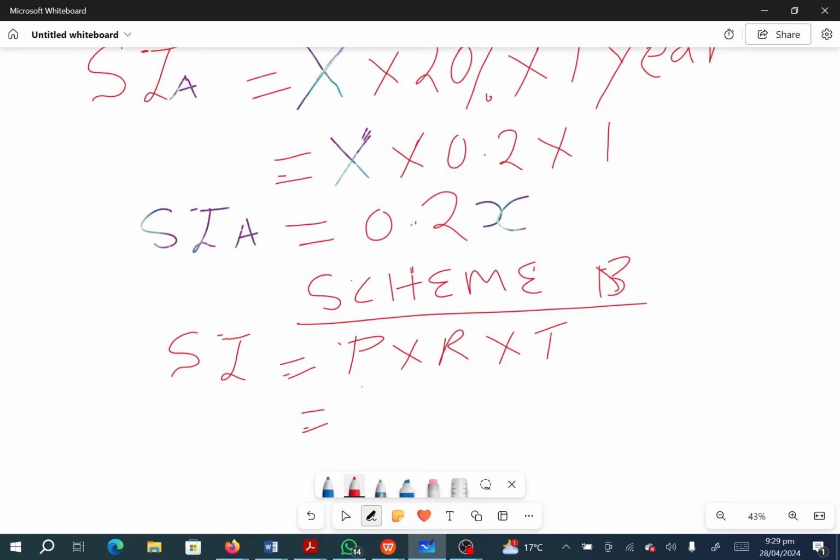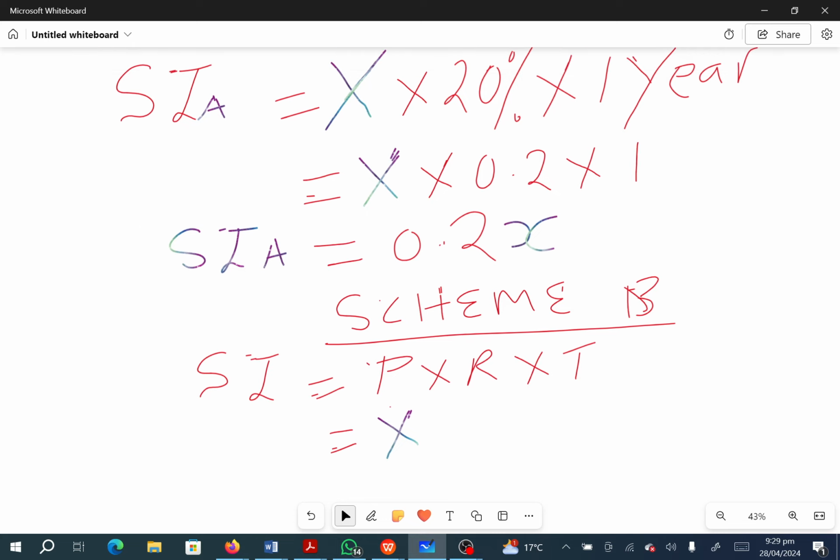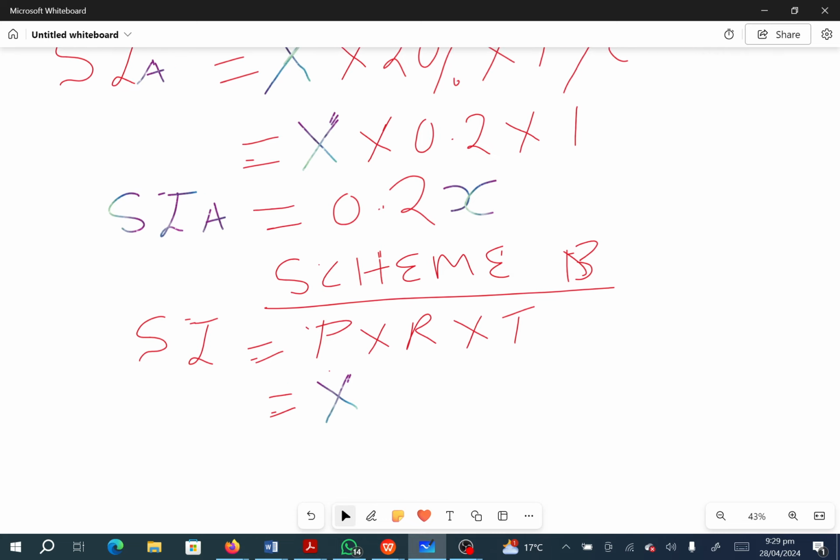The principal amount we don't know. Then multiply by R. Okay, let me use a different color.